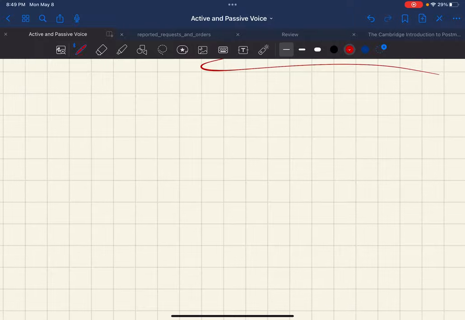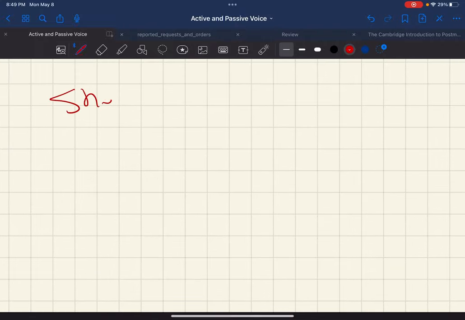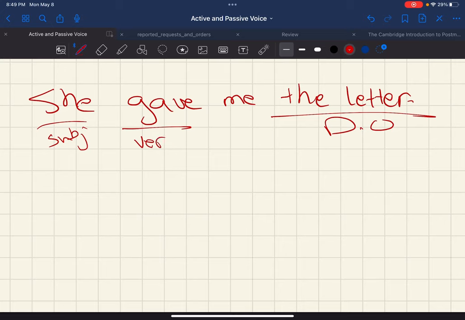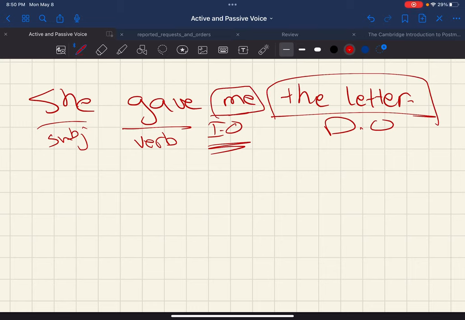Now, we mentioned earlier this sentence: She gave me the letter. We found out the direct object, which is the letter, subject, verb, and indirect object. Now, when you have a sentence that takes two objects, you can passivize the sentence with both of the objects.